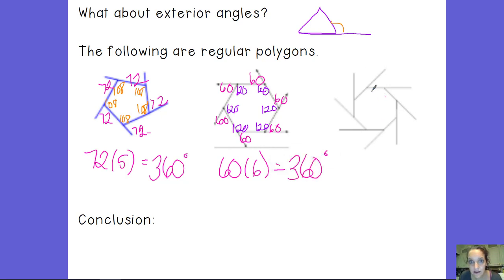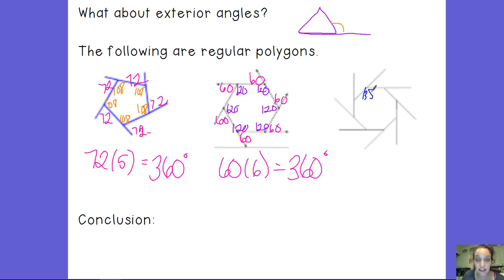That's interesting. Okay, this is 1, 2, 3, 4, 5, 6, 7, 8-sided polygon, an octagon. And each interior angle of a regular octagon is 135. I'm going to save myself some time and not do all of them. So each interior angle is 135.